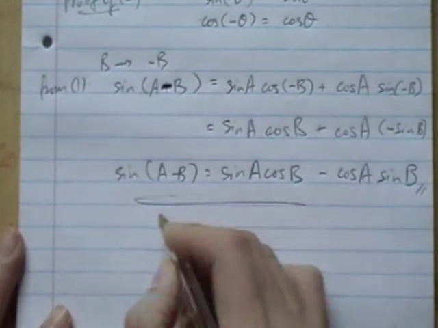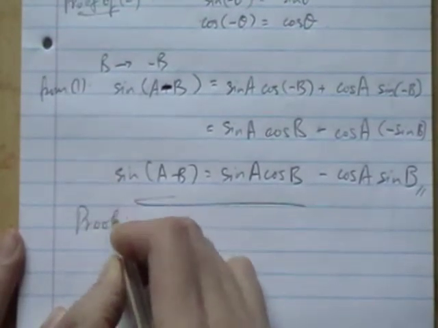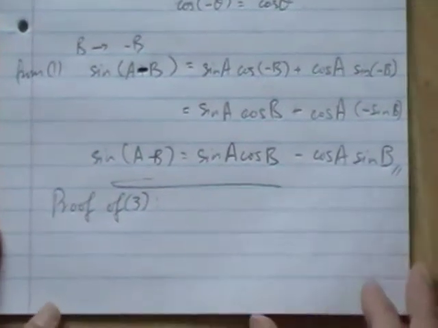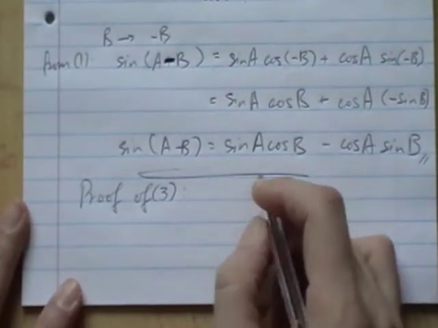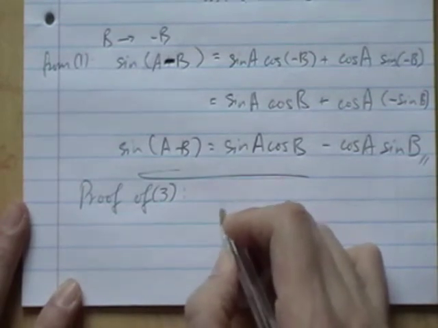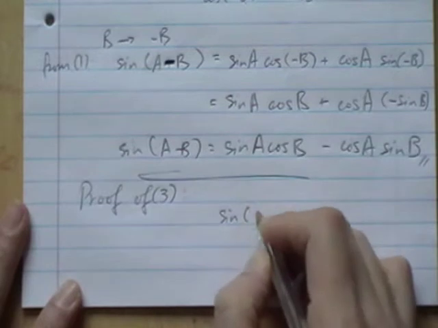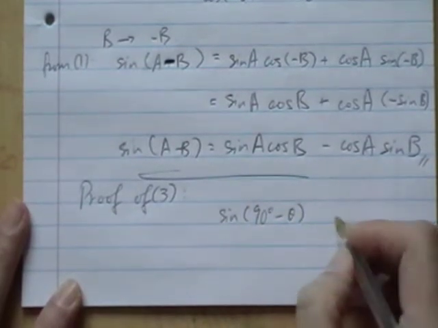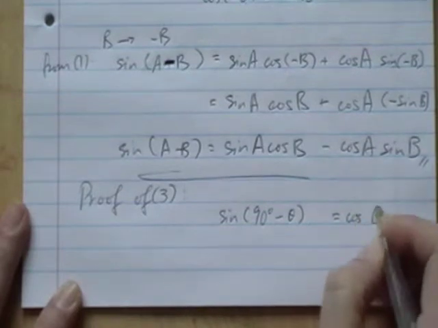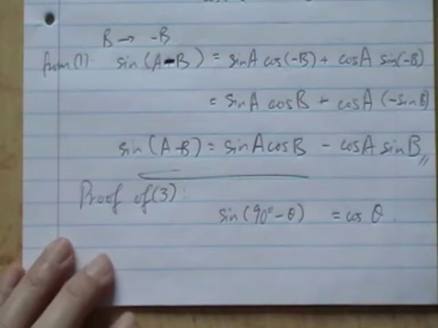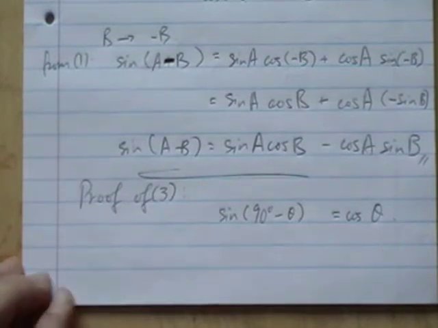So for the proof of the third identity, I need this relation, that sine of 90 degrees minus theta is equal to cosine theta. So again, I shan't prove that, I shall just make use of this.